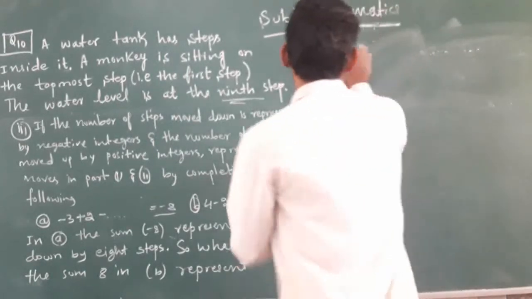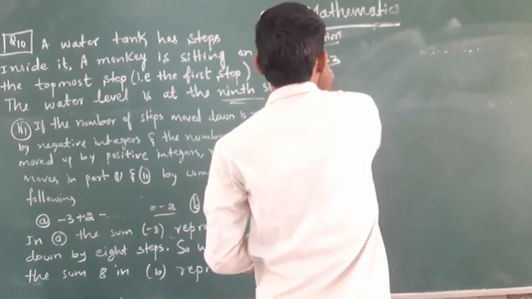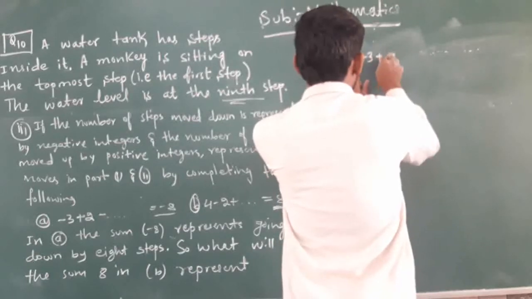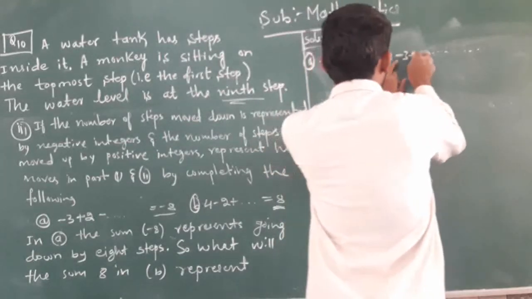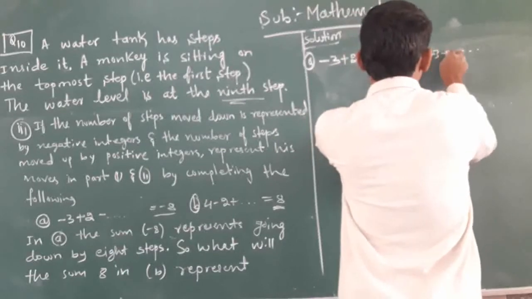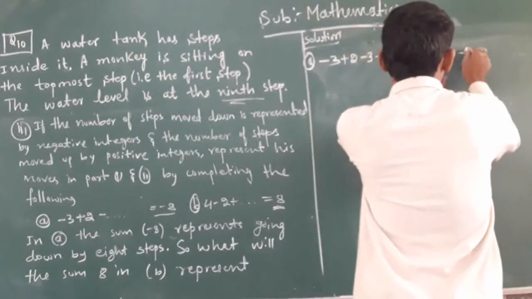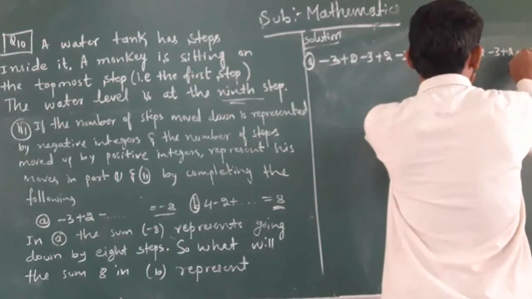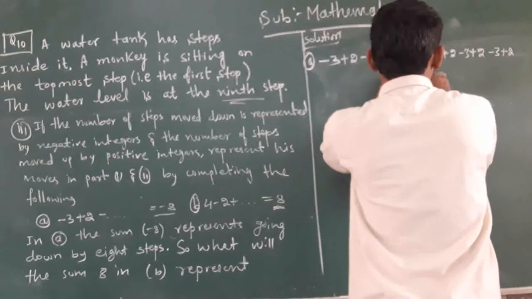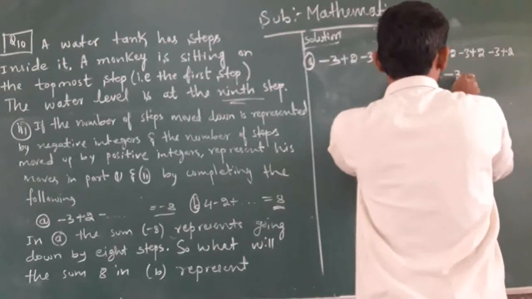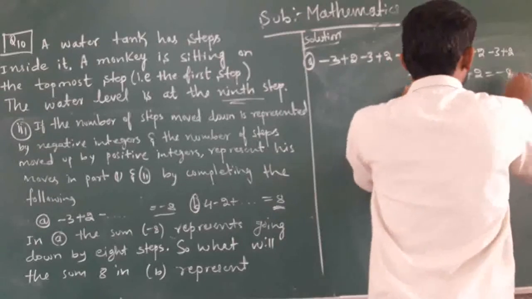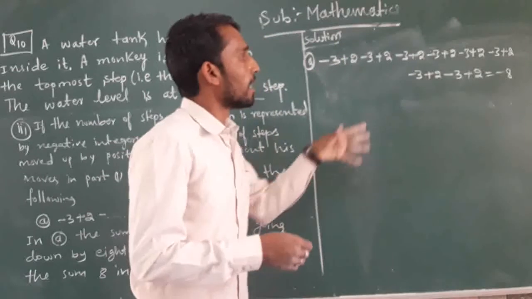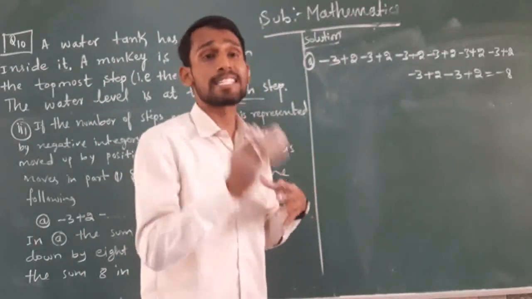See, solution. First one, A. See, first one, in the A, this minus 8 representing that is the moving by 8 steps downside.